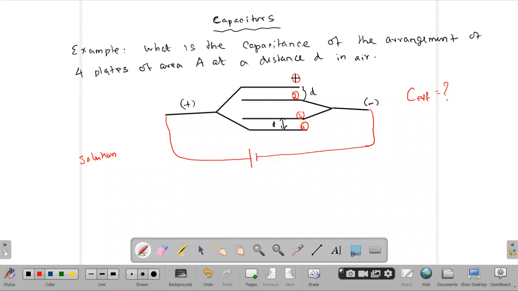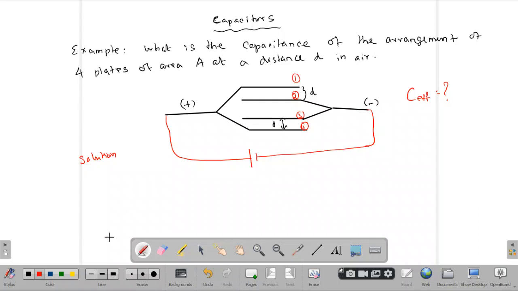The plates 1 and 4 are connected together with the positive end of the cell or battery. The second and third plates together are connected with the negative terminal of the same cell or battery. And we have to assume like this, otherwise we cannot solve.